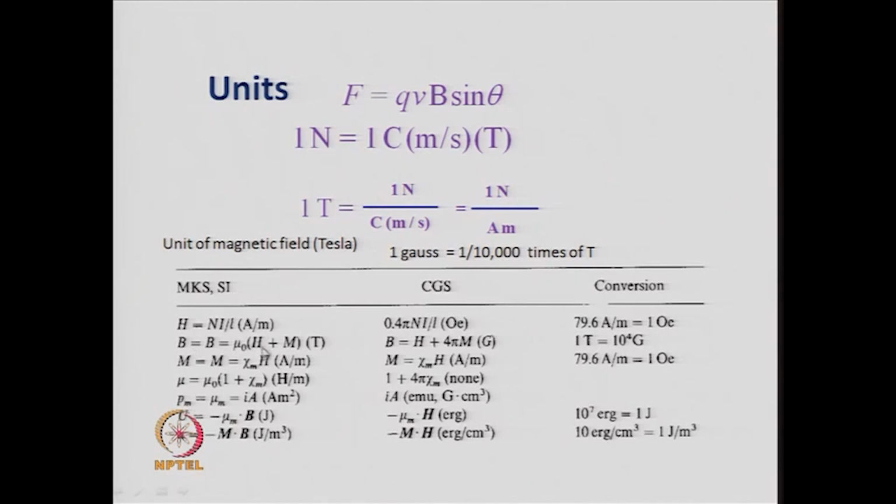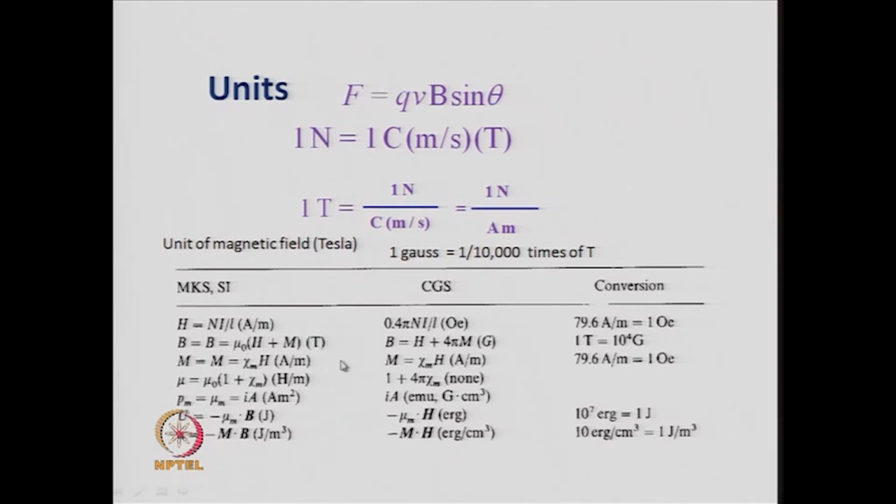Now, if you convert this to the CGS unit, then this becomes H plus 4 pi M, and now this is given in Gauss. So here B will be in Gauss, and the equation is H plus 4 pi M, whereas in SI it is mu naught (H plus M). These kinds of differences will occur when you are using SI units or CGS units, and one has to be careful which units one is using.